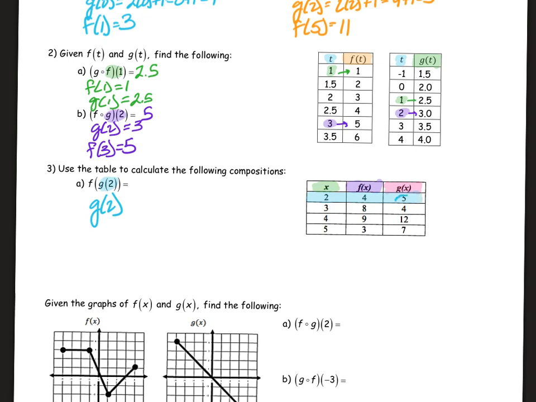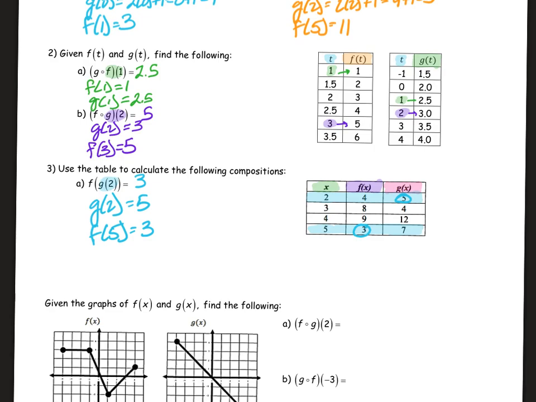So the one I'm looking for is in the g column, which equals 5. Okay, so then I'm going to do f of 5. And again, I'm going to go back over here and look for x equals 5. There it is. So I'm looking for my answers in this row, and I'm looking for my f function. So I'm going to look for the answer in this column, which is 3.